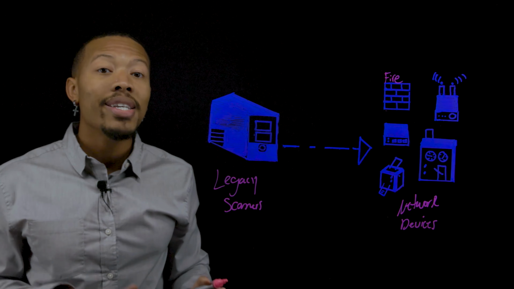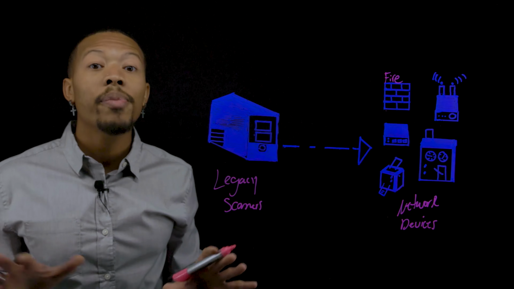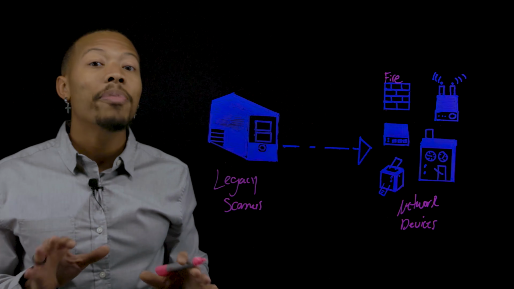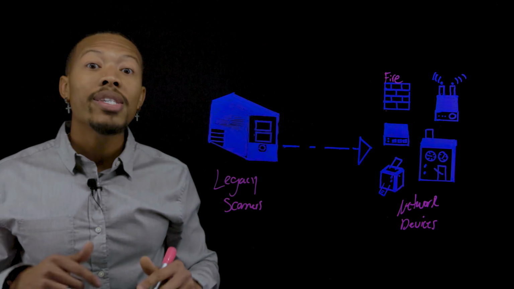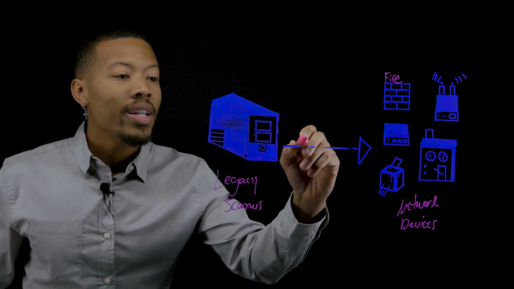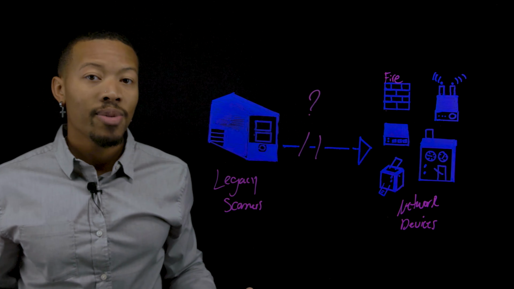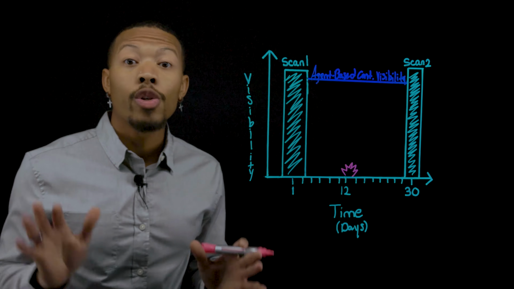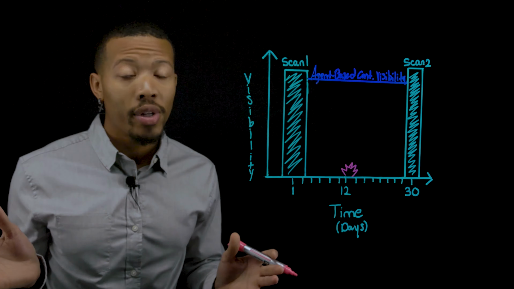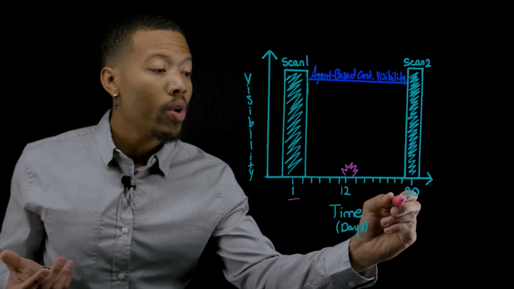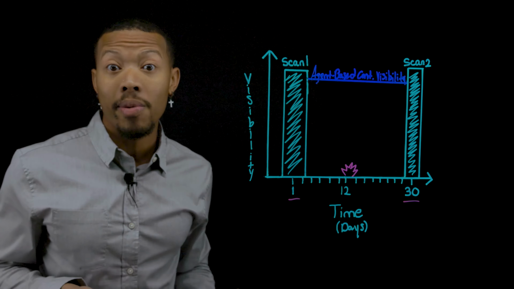Now, the problem isn't that scans don't work. I want to be clear about that piece of it, okay? The problem is that scans are periodic, but your risks are continuously going, leaving a tremendous gap in where your risks lie with these devices. Because network scans are so heavy, most teams don't run them daily. Maybe you scan on, let's call it day 1 and day 30, the top and the bottom of the month.